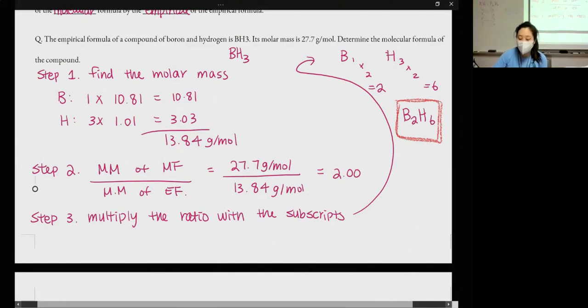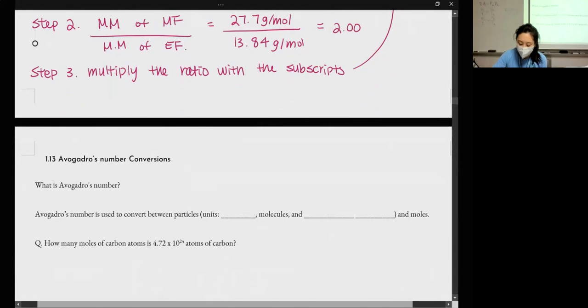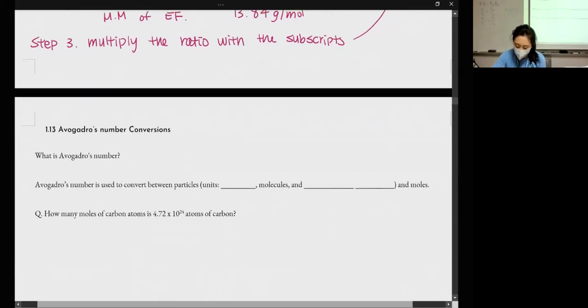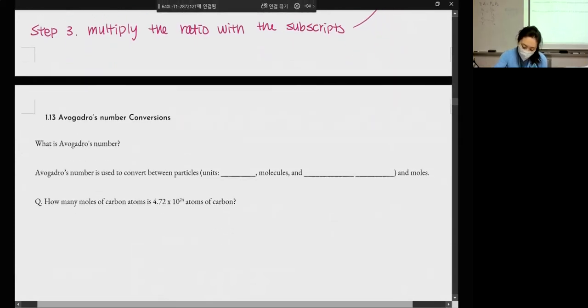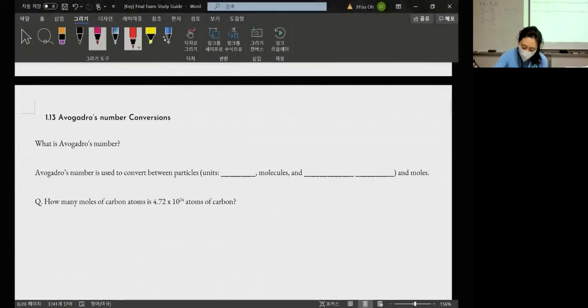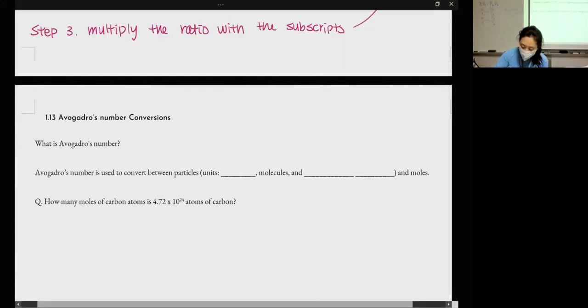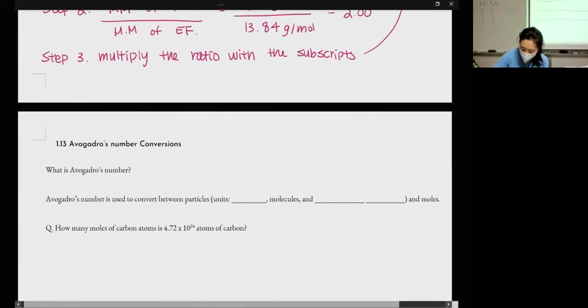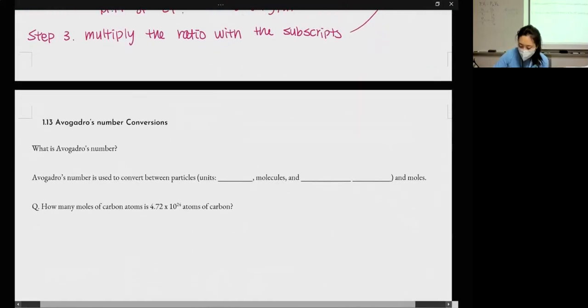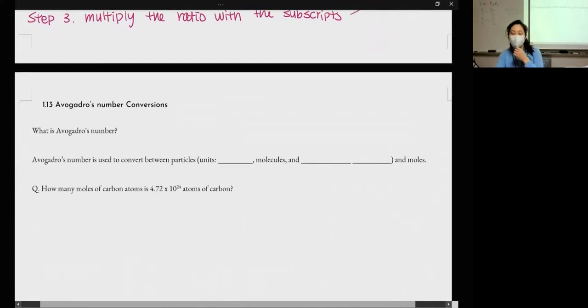Now we're going to move on to the last part, which is about Avogadro's number. Almost there. Avogadro's number is the number of particles per 1 mole of a substance.